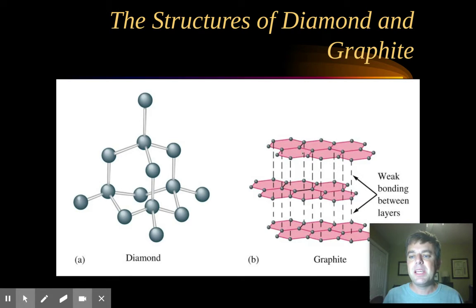Graphite is also made of carbon, but instead of this 3-dimensional structure, the carbons are arranged in a 2-dimensional layer, and they're just stacked on top of each other and loosely attracted to each other.